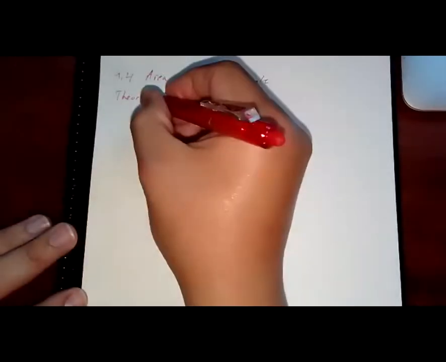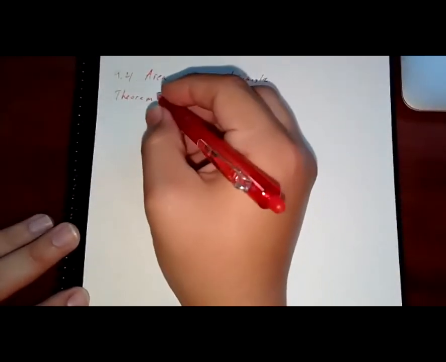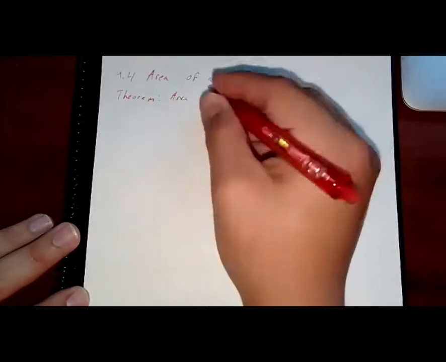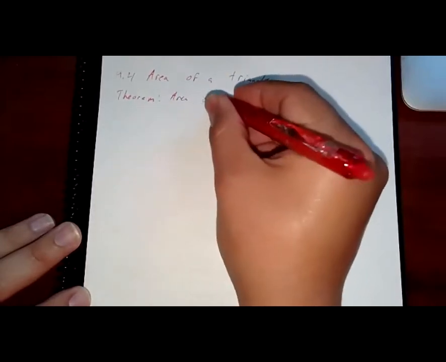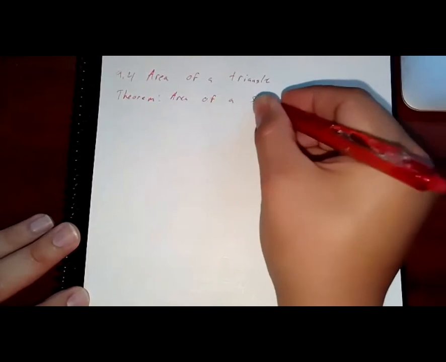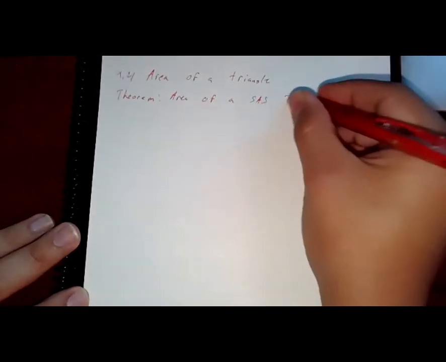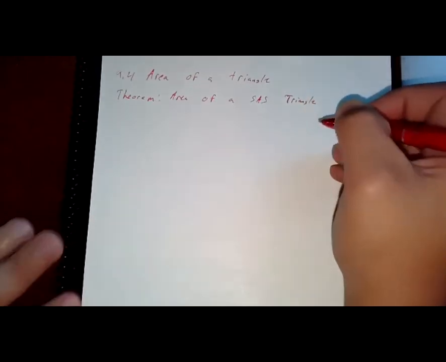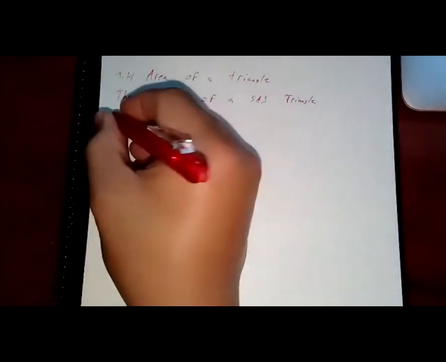All right, theorem. So area of a SAS triangle. So if you don't have all the sides, you use these formulas.